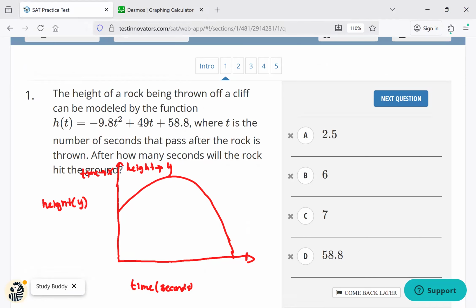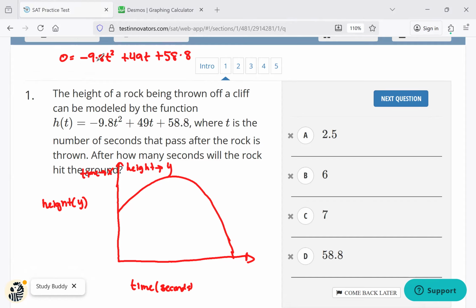Now, if you want to do it the algebraic way, to find the x-intercept you set h, or y, to 0 and solve for t.